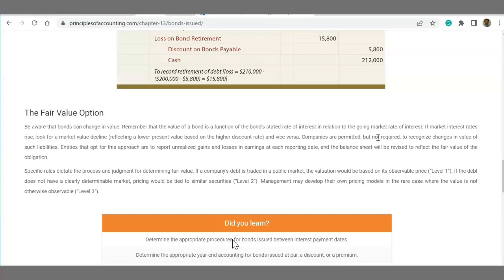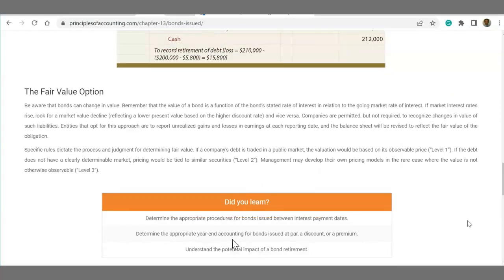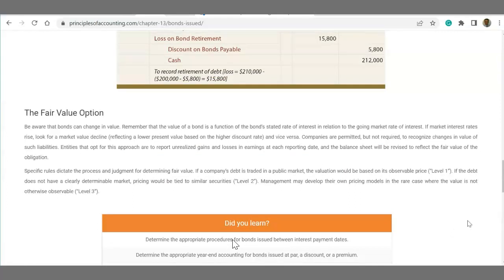Companies are permitted but not required to recognize changes in value of such liabilities, but normally they don't do it. It's just extra work. So entities that opt for the approach are to report unrealized gains and losses in earnings at each reporting date, and the balance sheet will be revised to reflect the fair value of the obligation. But that's extra work. Again, it depends on the companies if they want to do that or not. That's an extra headache anyway, but that option is available.